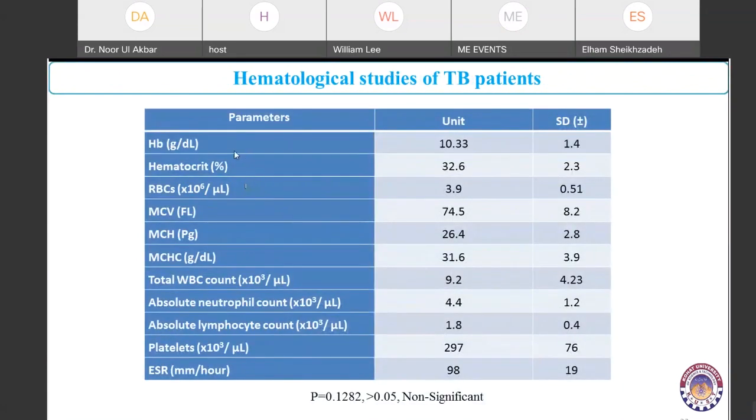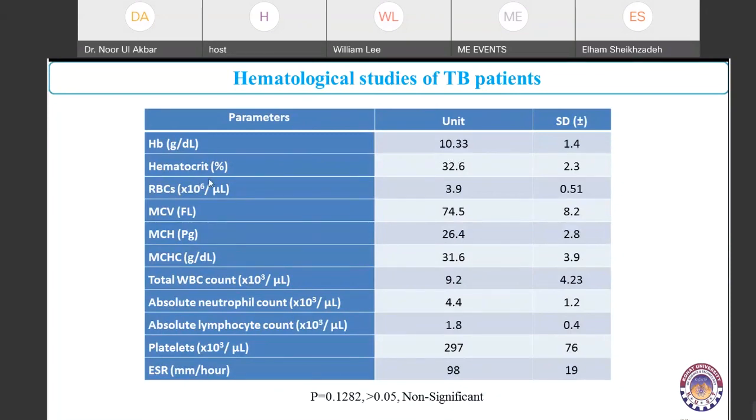These are the parameters, hematological studies of TB patients. The HB level was 10.33, the average, plus minus 1.4 standard deviation. It may be 11.7 something or 8.9 something.